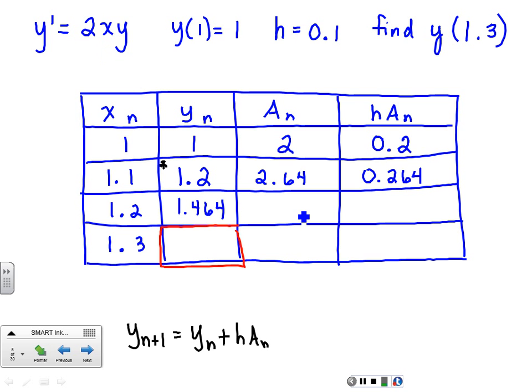So this right here is 2 times x times y, so I got to do 2 times those two values multiplied. It is kind of number crunching and boring. 2 times 1.2 times 1.464. I got 3.5136.